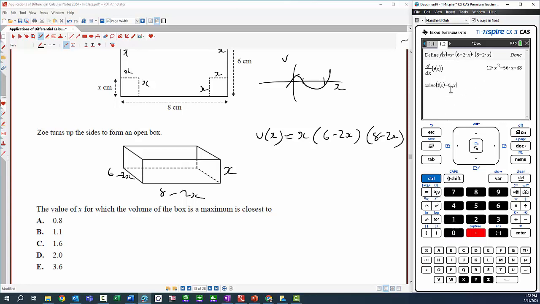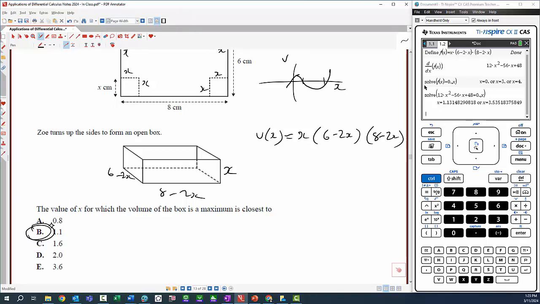And I'm going to get a decimal approximation. Solve the derivative, please, equals 0 for x. Two values. We want the first one because the next one is a local min. So that's going to be 1.13. So 1.1. There it is right there.